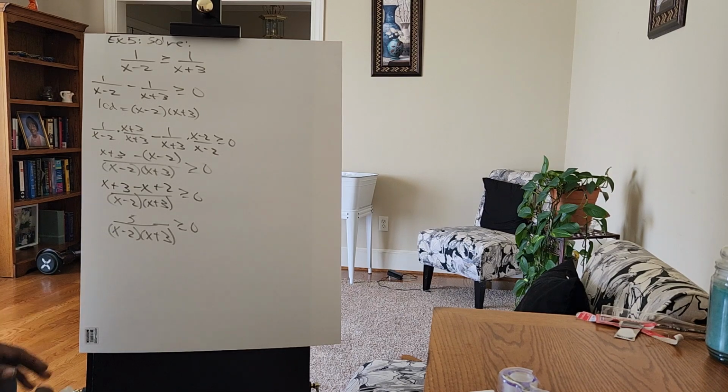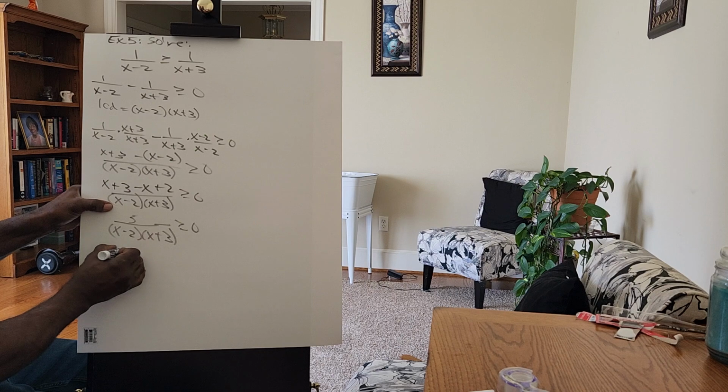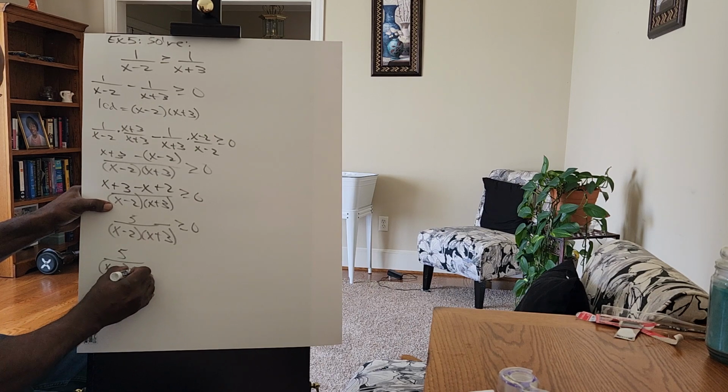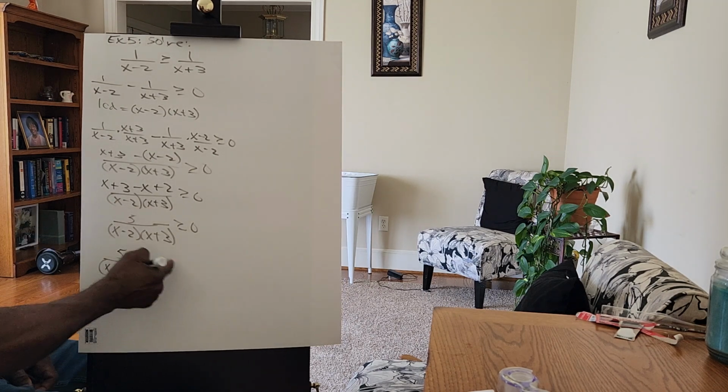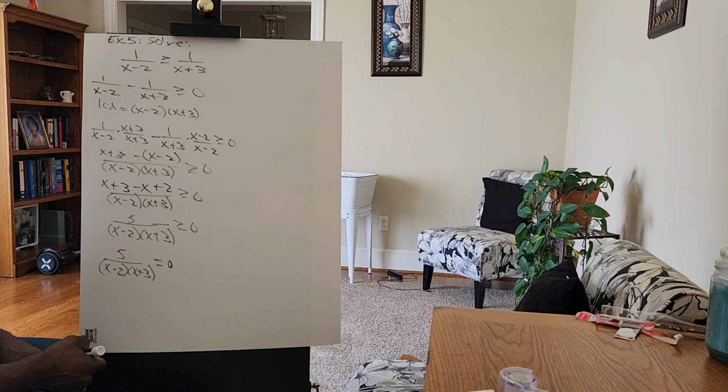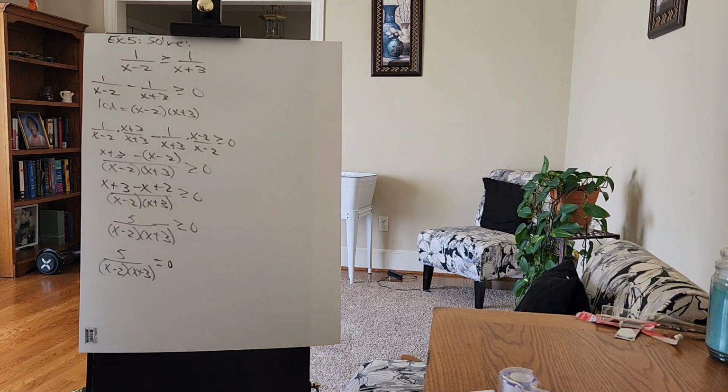Okay? And I said the first step is always to find the boundary points. So the boundary points, I can find those by solving the equality. I'm going to set it equal to 0 to find the boundary points. Well, so now how do I solve that thing equal to 0?